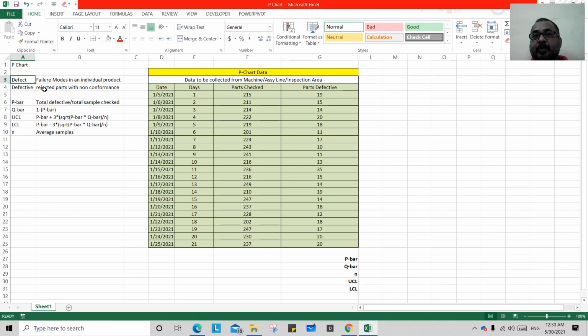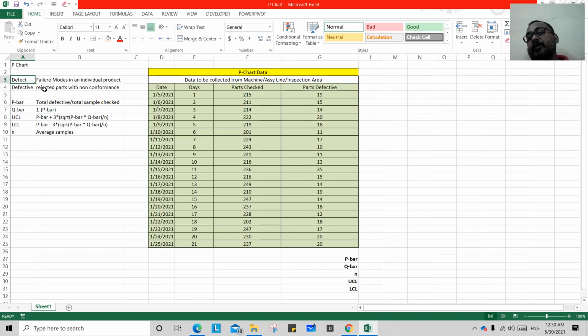What can be the defects in that single bottle? Maybe the cap would not fit, so it's another failure mode, another type of defect. There may be a scratch in the bottle, so it is a third type of failure mode, the third defect. So in a particular individual bottle, there were three different types of defect. So that's a defect.